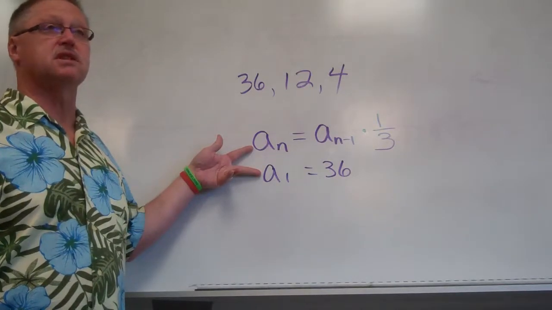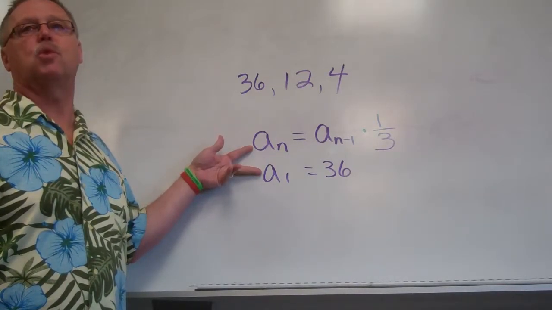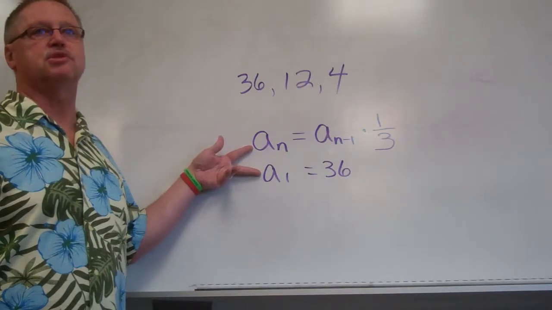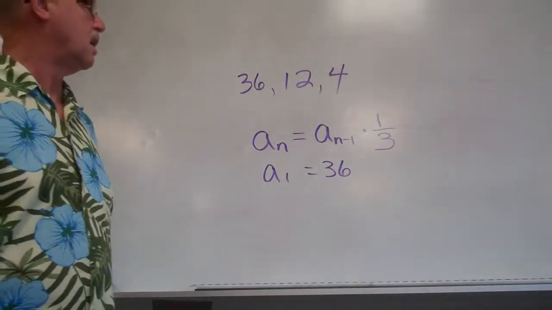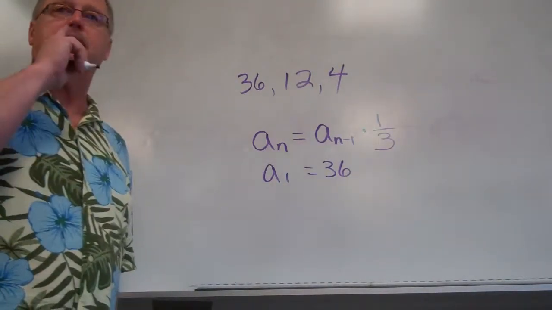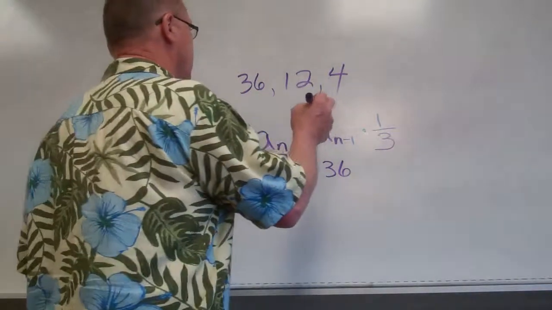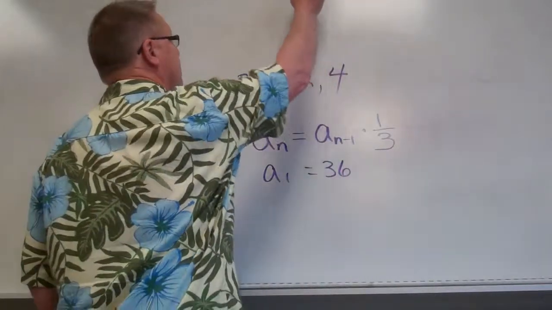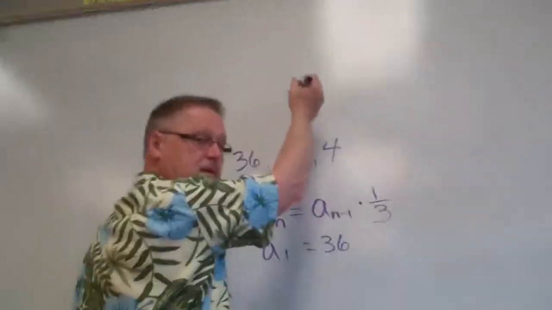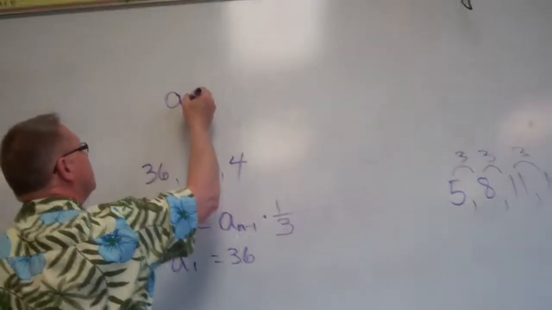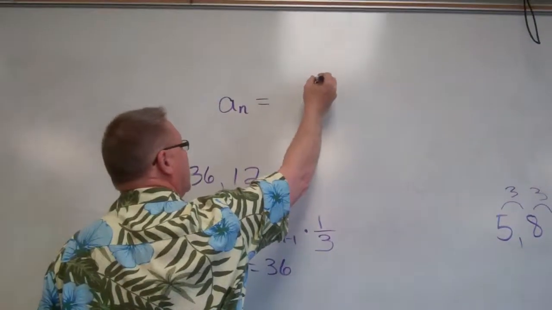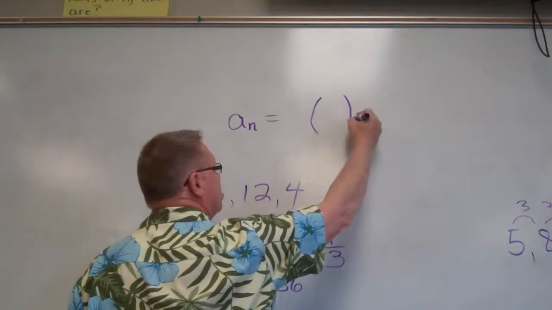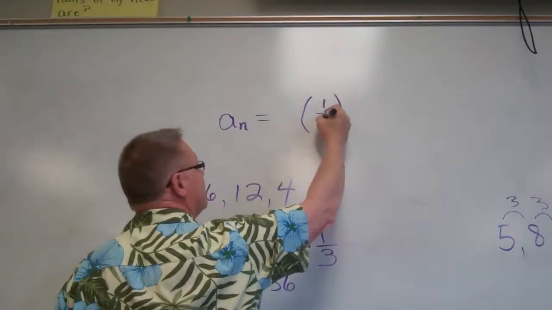Now, the explicit description would be nicer, more useful, because you could jump straight to the 10th term if you wanted to. And on the geometric kind, that goes something like this. A sub n is equal to something times, and then right in here we'll have a parentheses.